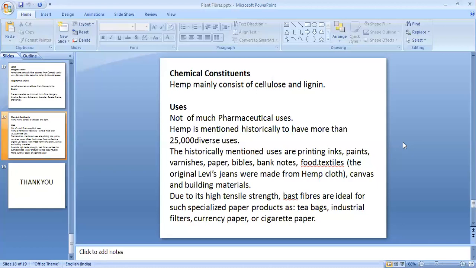These surgical dressings may be gauze, bandages or plasters, which have their importance in the pharmaceutical and medical field. So that is about the surgical fibers and dressings, especially the plant fibers: cotton, jute, and hemp.